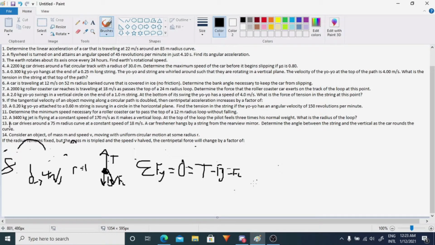So in order to find the tension, tension equals m times, in parentheses, g, 9.8, plus AC, which is v squared over r, as we've done before, which is 4 squared over the radius of 1. Once we plug this in, we get 52 newtons. That is our answer.